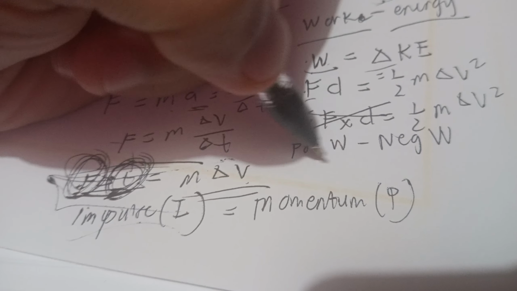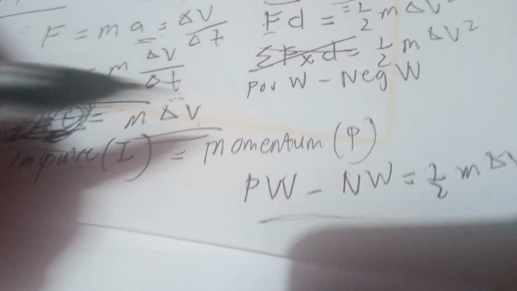So magandang gawin dyan, ganito na yung final na formula ng work energy mo: the sum of positive work minus the sum of negative work equals 1/2 m times the change in velocity squared. So yan, yung formula ng work energy theorem. Kukunin mo lang muna yung mga work na include sa positive, tapos yung sa negative work. Then kunin mo na iba.